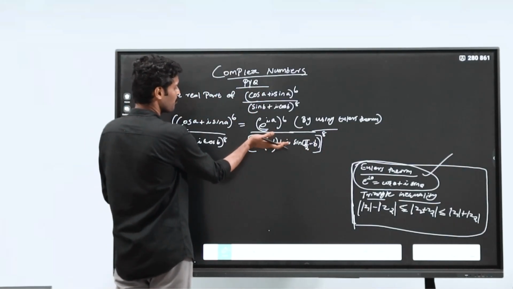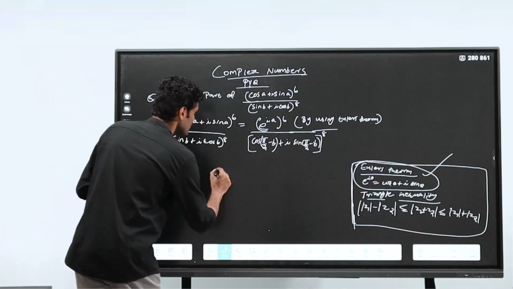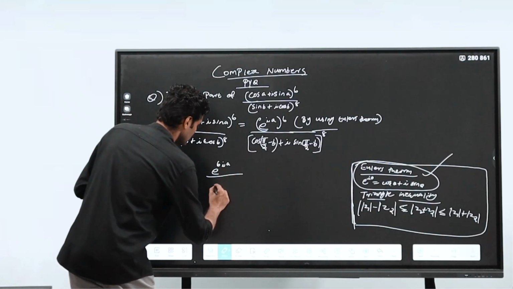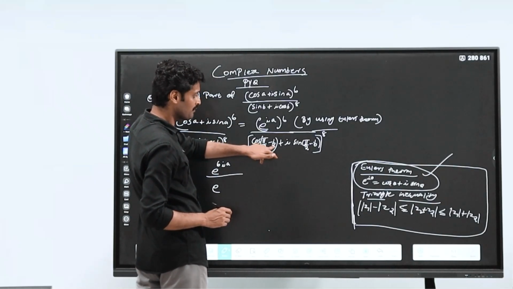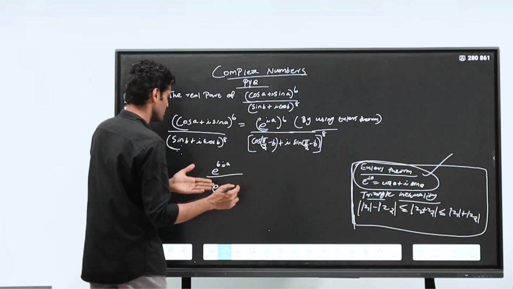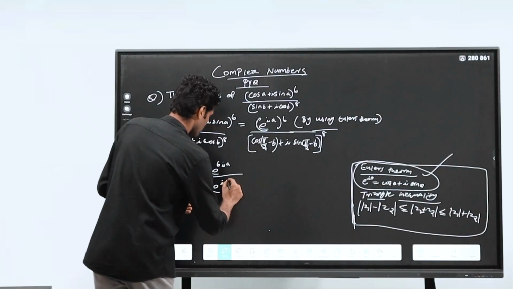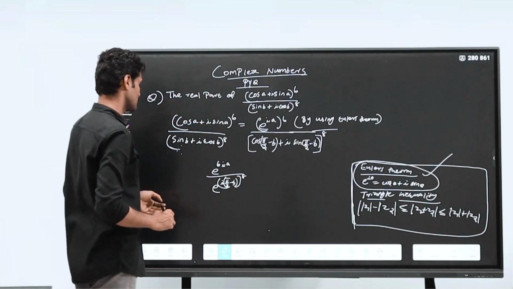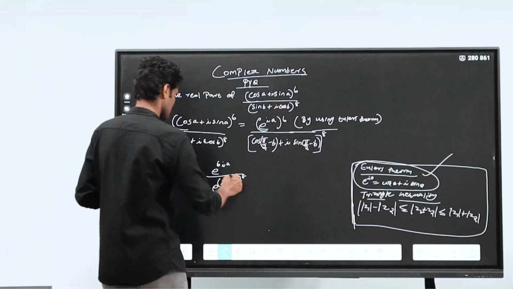Then again we can apply Euler's theorem in the denominator as well. Then we will get e raised to 6ia divided by e raised to i theta, where theta is pi by 2 minus B, whole raised to 8. Then we can elaborate this.